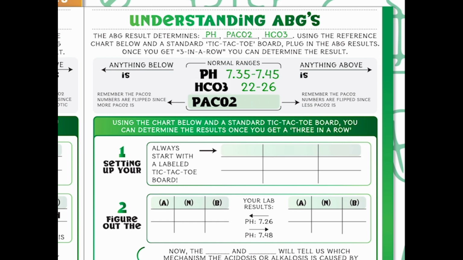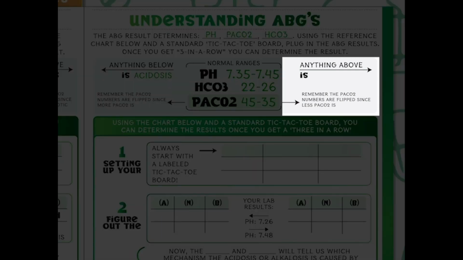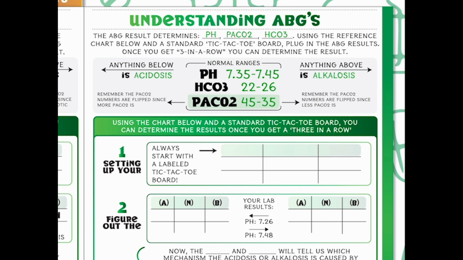And here's where it gets a little bit trickier. The PaCO2 is going to be from 35 to 45, but as you can see, this is flipped. To keep this chart nice and clean, we want to remember that anything on this side of our table is going to be acidosis, and anything over here in our ranges is going to be alkalosis.